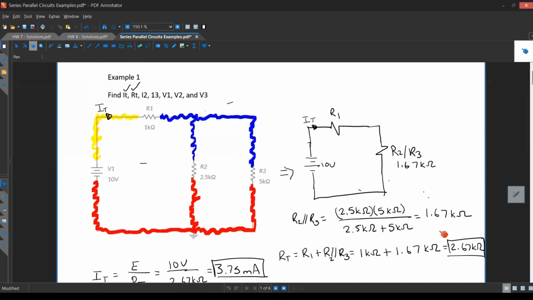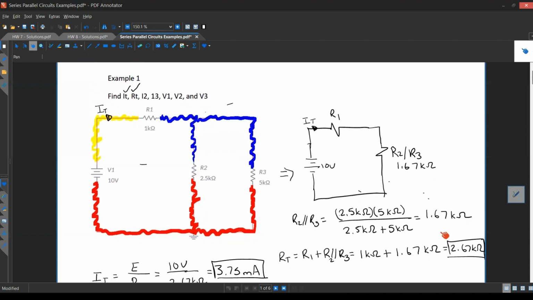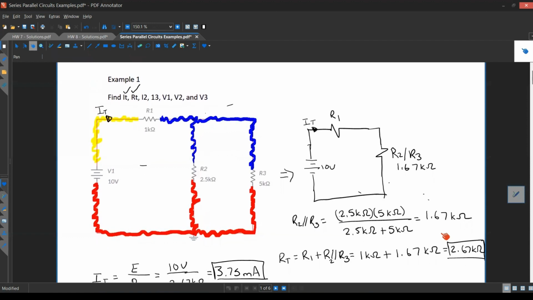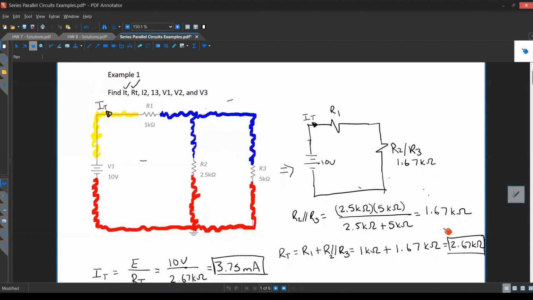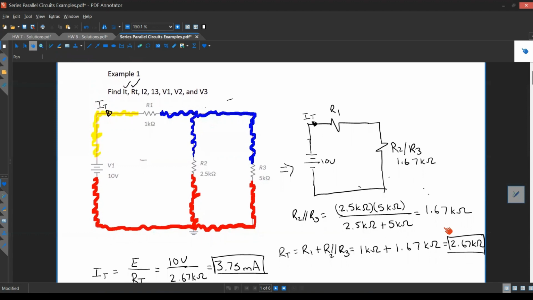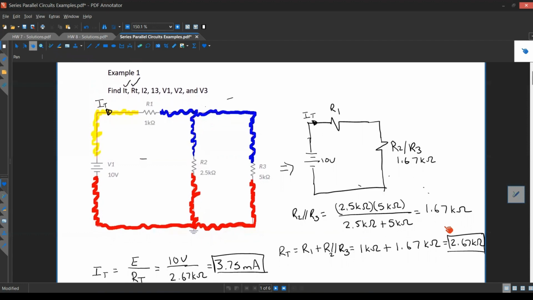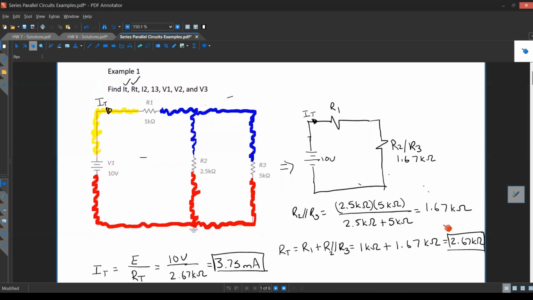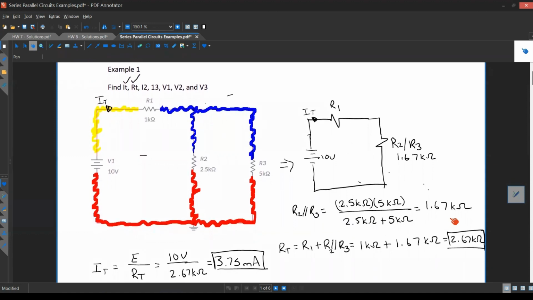All right, what else do we have to find? We want to find I2 and I3. Hmm.